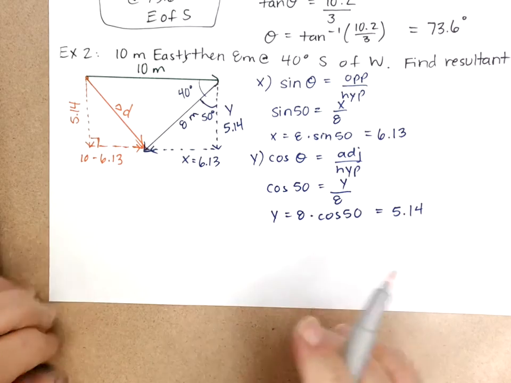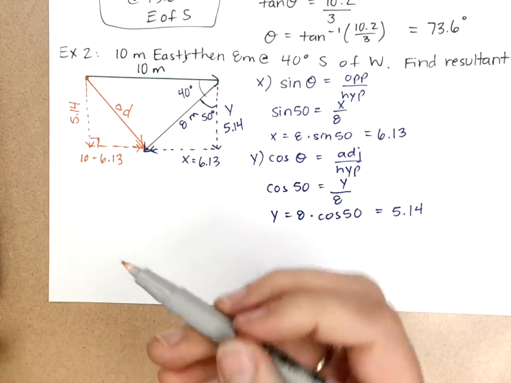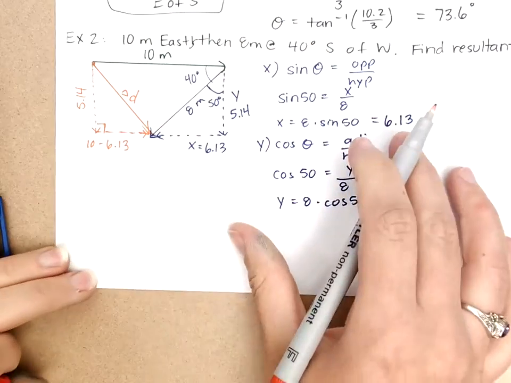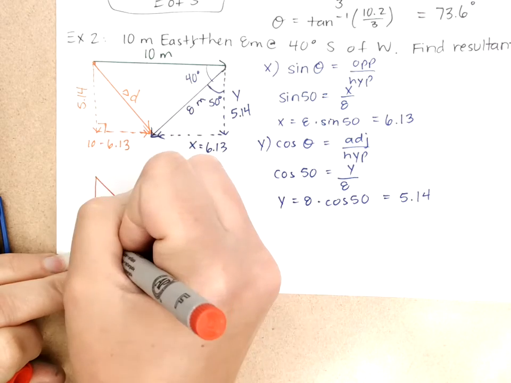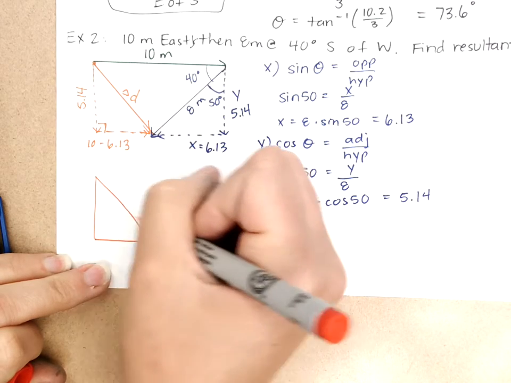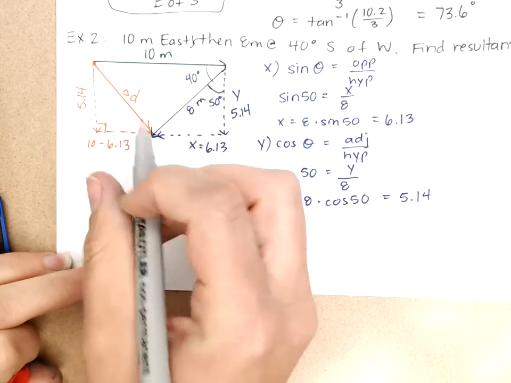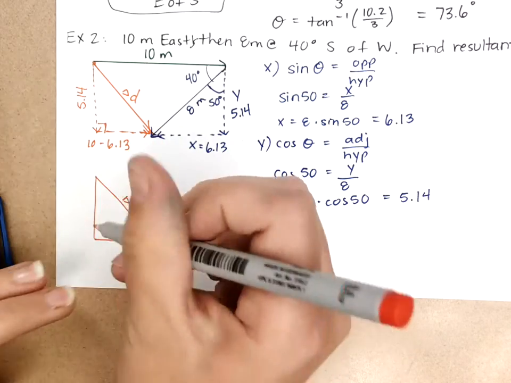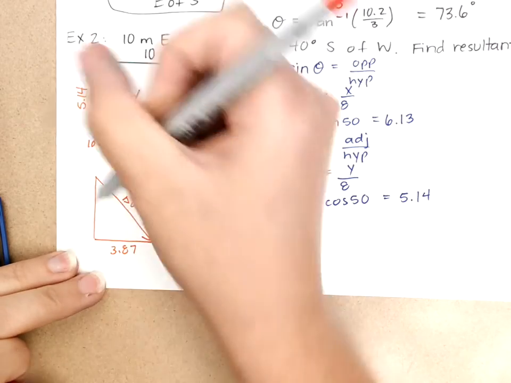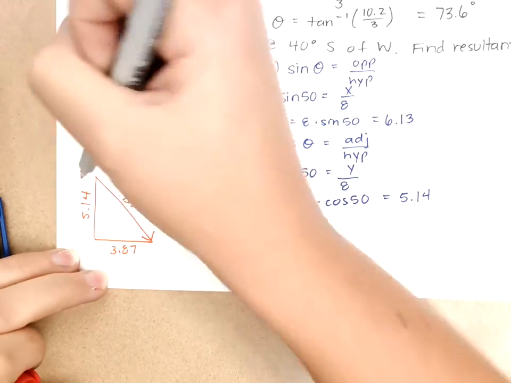Okay? So from that, let's pull out our little displacement triangle here, so it makes a little more sense. This is our delta D. So 10 minus 6.13, let's put that in our calculator. You get 3.87. And this side's 5.14.